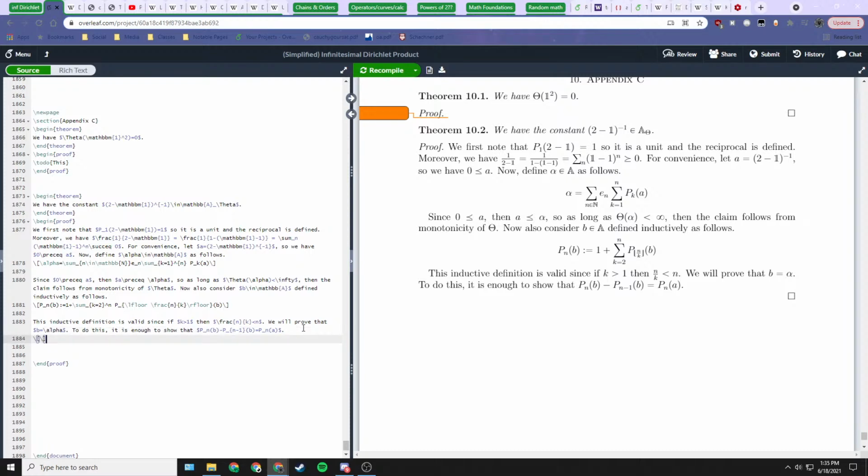So we're going to prove that b is alpha, and then we'll prove that theta b is finite.